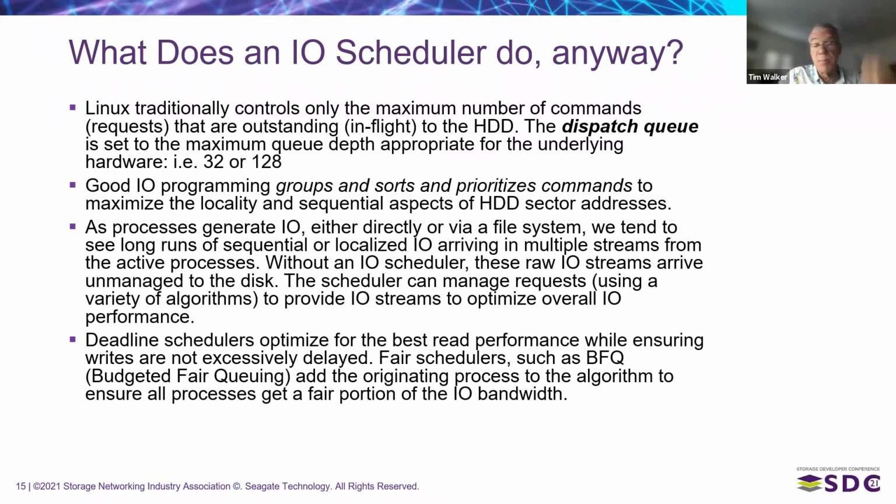But when you have multiple processes running, we get multiple streams of locality. By the time it gets down to the scheduler, it looks pretty random as they're interleaved. The scheduler de-interleaves those and presents them to us in groups that improve our performance.